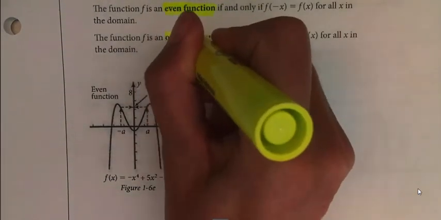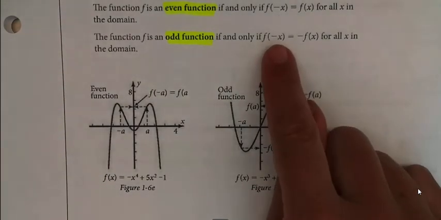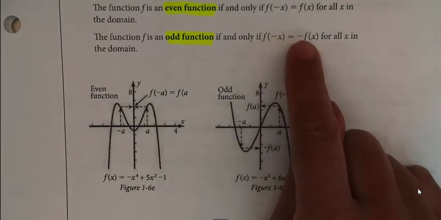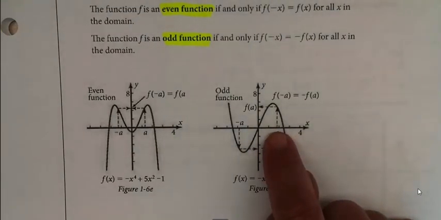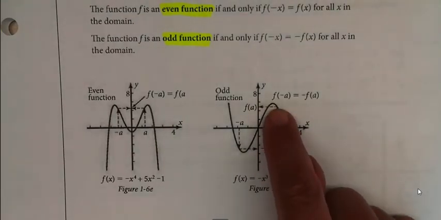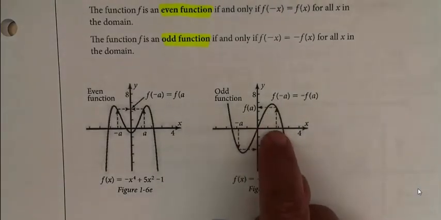Well, odd function, you can probably tell what that's going to be. So an odd function, if you take the opposite of x, that's going to equal the opposite of the output. Okay, so for example, I put a in. Okay, I get some f of a out. Now what happens when I put negative a in, or the opposite of a?